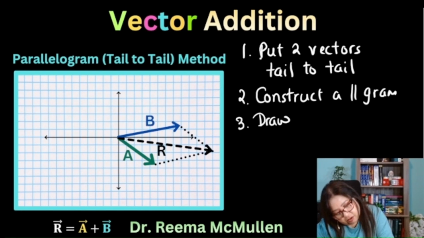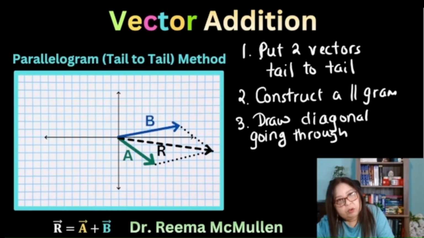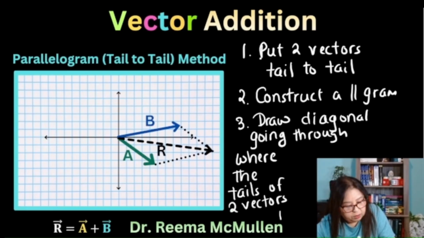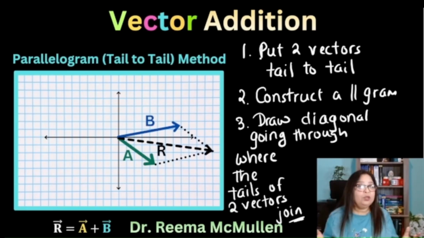Draw a diagonal going through where the tails of the two vectors join. Here you go. Then you know this diagonal is the resultant of the two vectors when they're added.